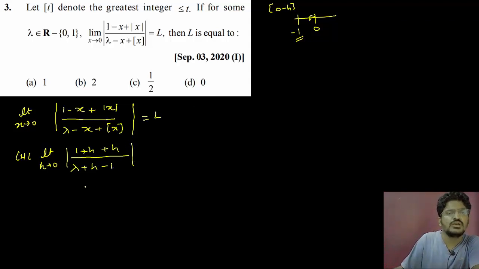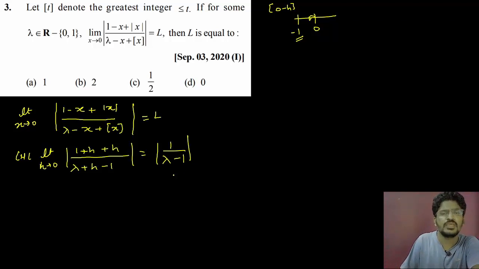Now the h value is 0. Therefore you are going to get mod of 1 divided by lambda minus 1. In the same way you can find the RHL, that is limit h tending to 0 with x as 0 plus h.